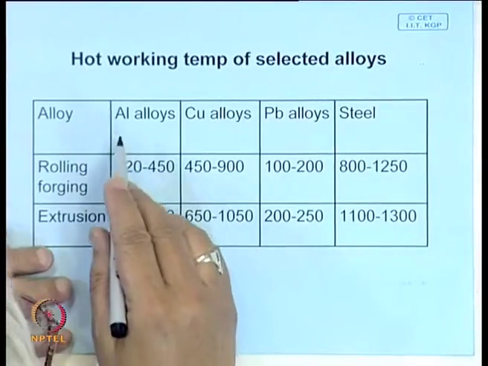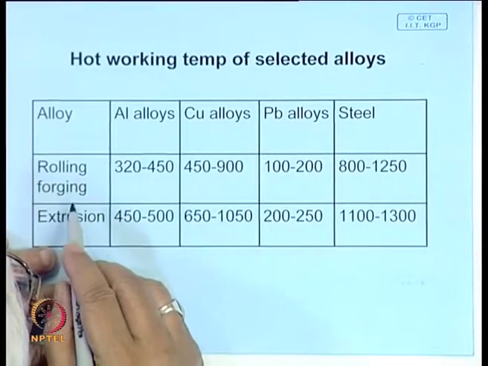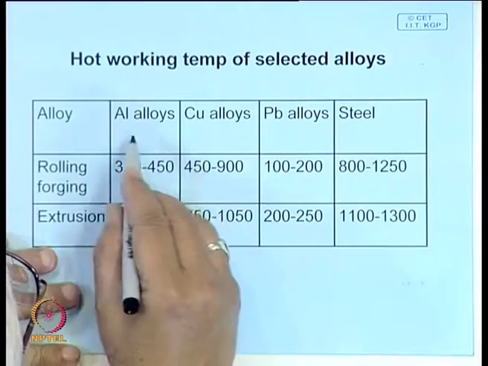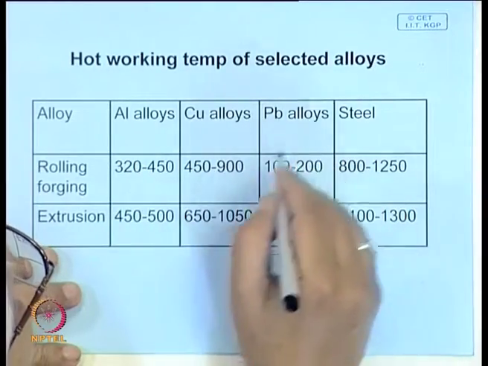And here are listed the different alloys, which can have different temperature ranges in which working is done. They all scale depending on their melting point.